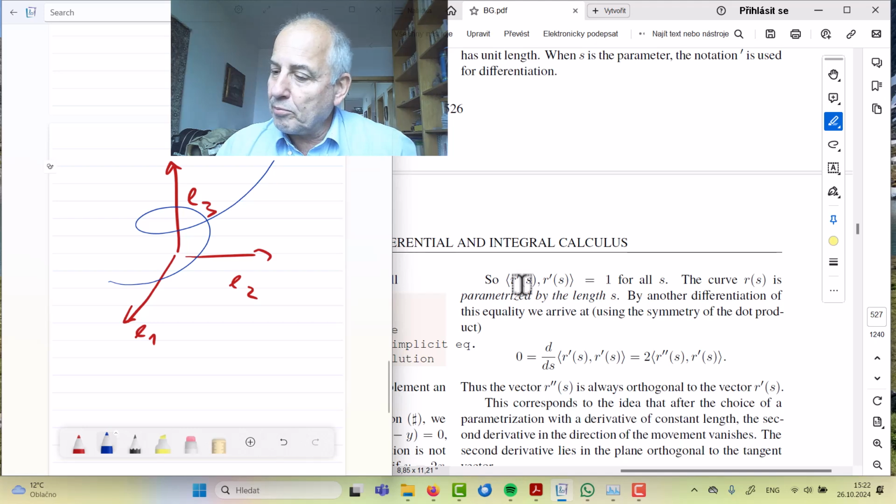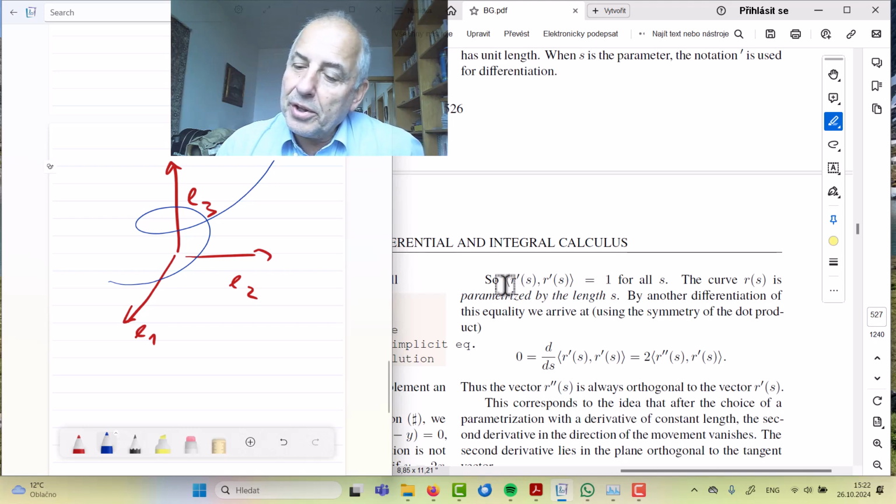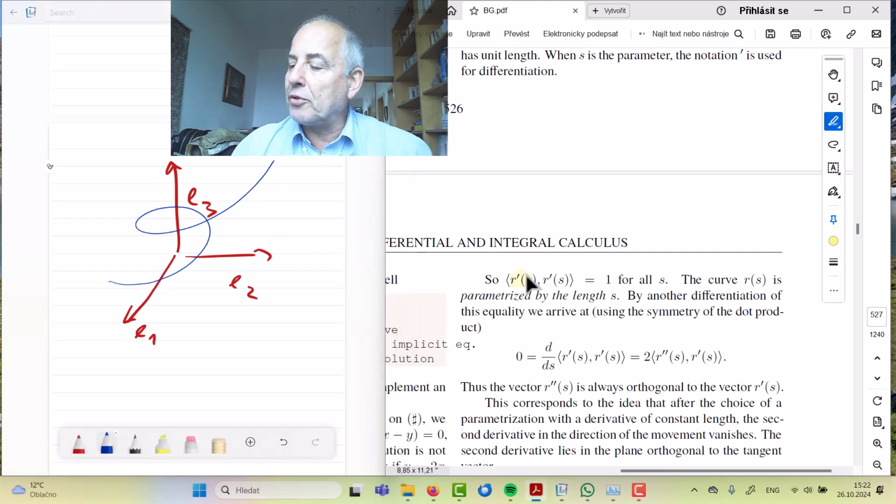And now what we do is we know that if we parameterize it by length, then the velocity vector will always be of size 1, and therefore the scalar product of r dash with itself is simply 1 for all s. And then when we differentiate it again, we get 2 times, because the scalar product is symmetric, so we would have to differentiate the first one and leave the other untouched, and then leave the first untouched, differentiate the other.